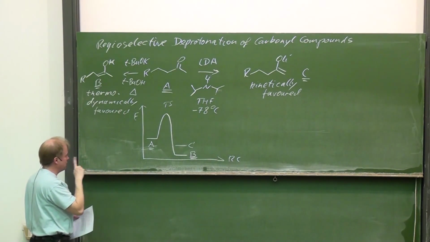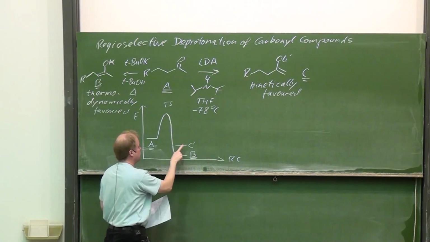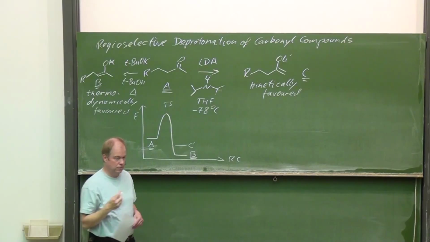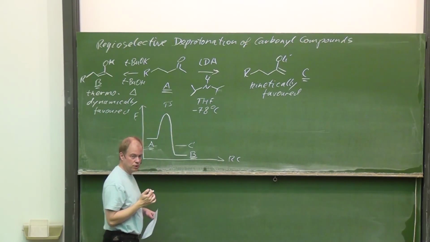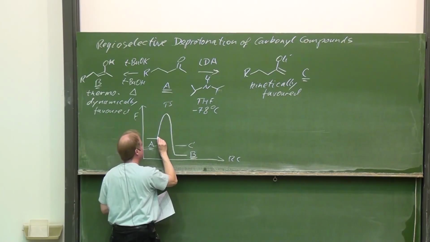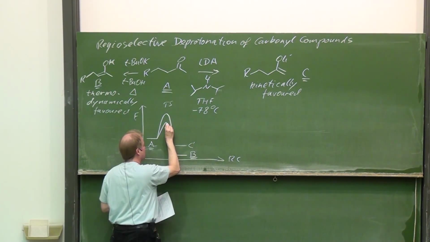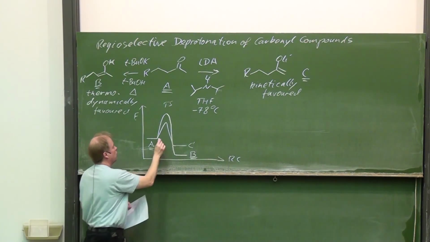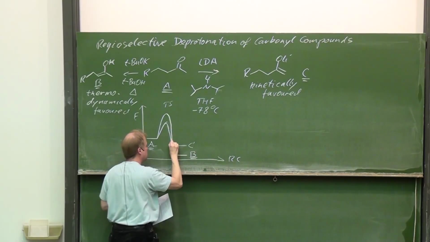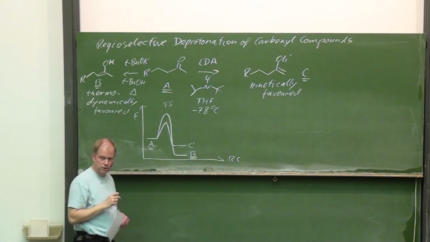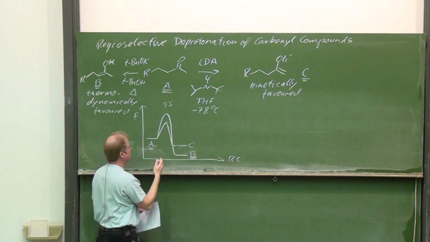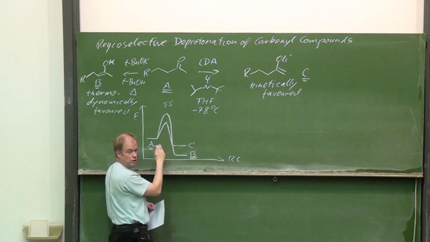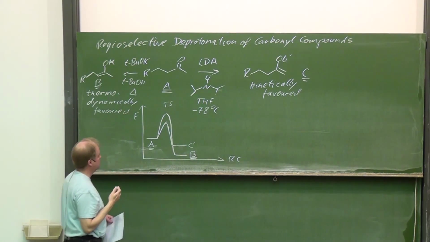And since C is the product that is obviously kinetically favored under these reaction conditions, we can assume that we have to cross a significantly lower energy barrier to get to C than to B. This simply means we usually get to C faster than to B, because we have to cross a higher energy barrier.